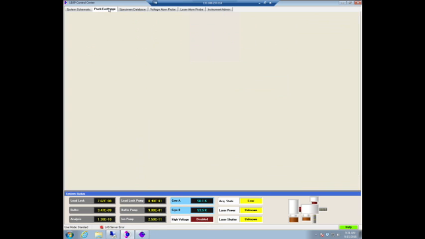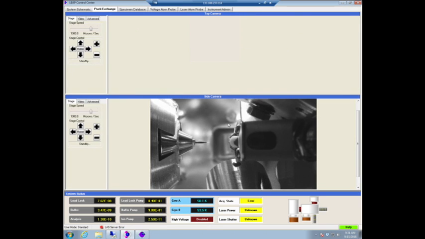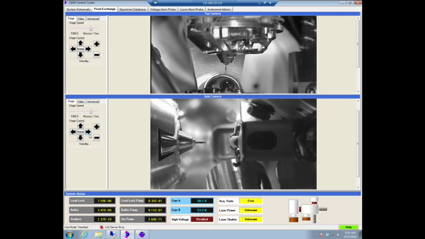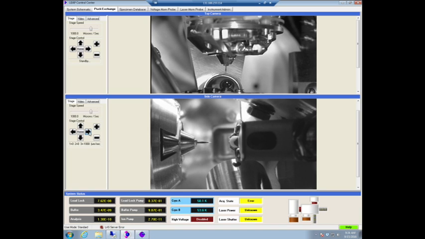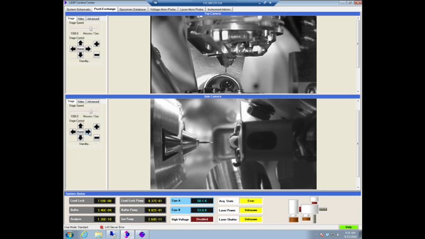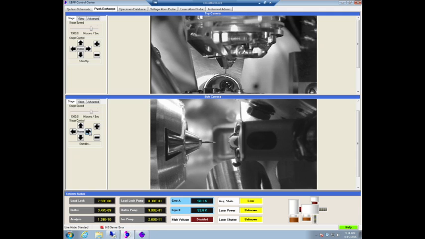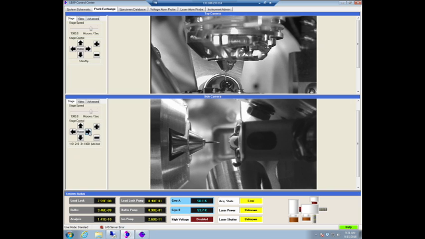Okay, so the next thing, of course, is we do the coarse alignment. So we move the sample in, which we'll do slowly and carefully because there's a little bit of lag caused by the remote connection. Again, if you're working on the machine, you're not going to have to deal with that. You're going to see what's happening live.